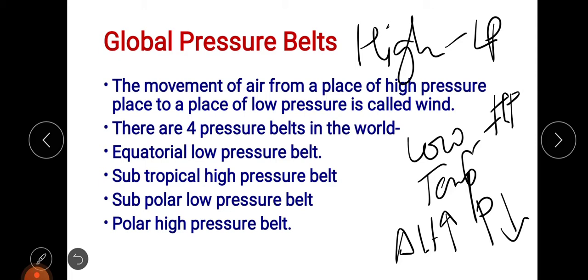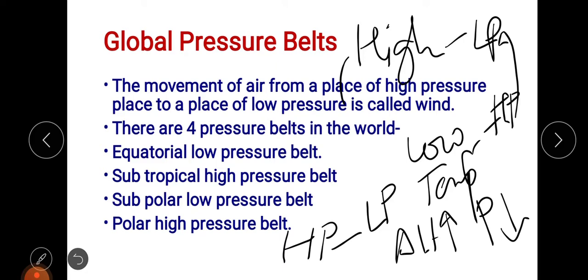Now wind, or air, moves from a region of high pressure to a region of low pressure. So that movement of air from a place of high pressure towards a place of low pressure, that is called your what?